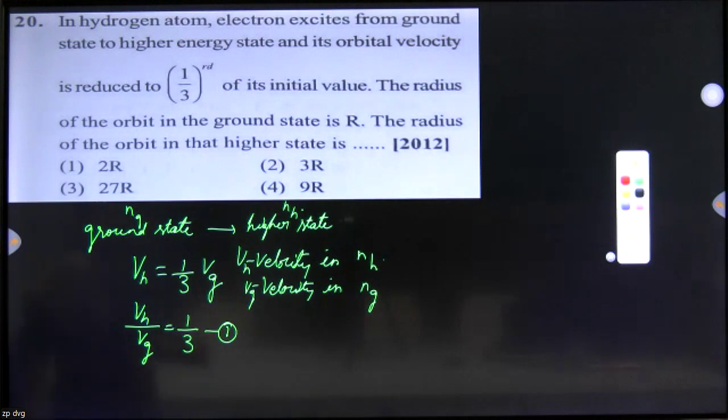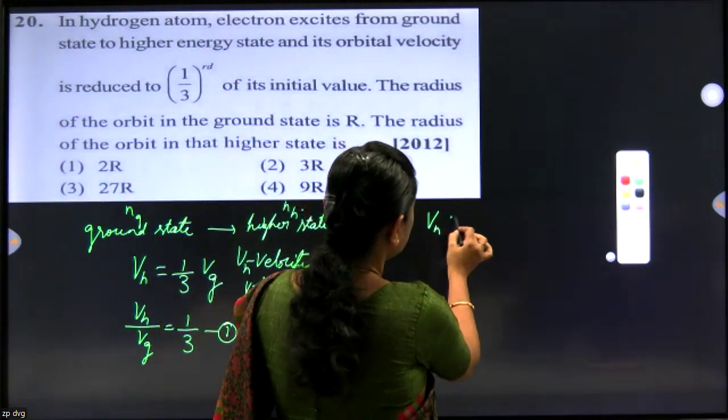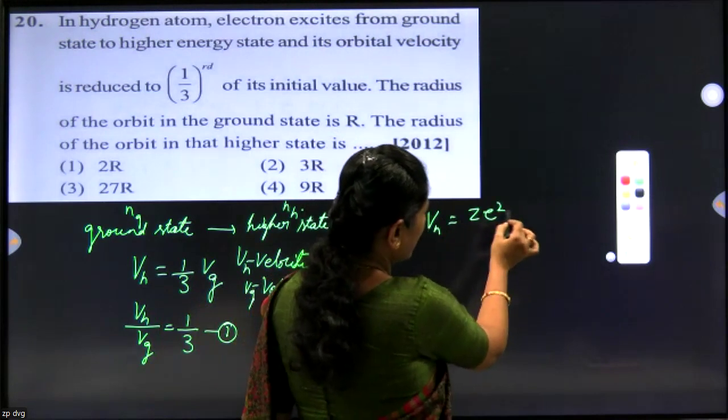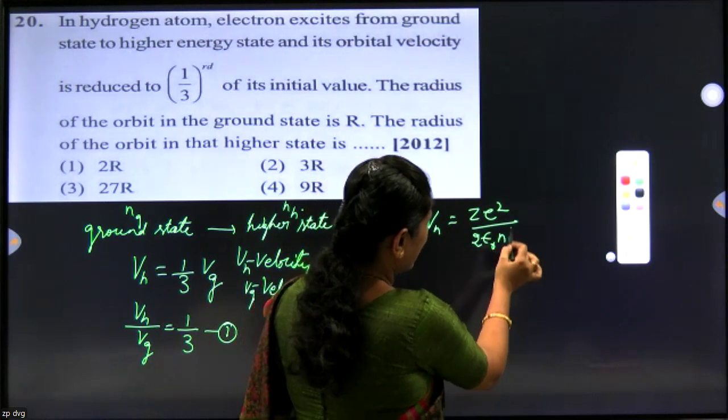This is equation 1. Again, we know that the velocity of the electron in the nth orbit is equal to Ze square by 2 epsilon naught h into 1 by n.